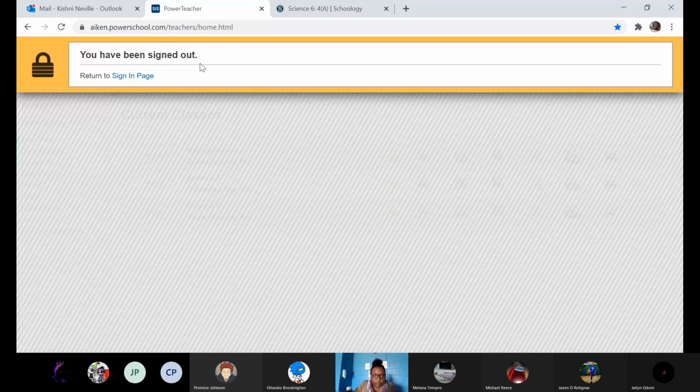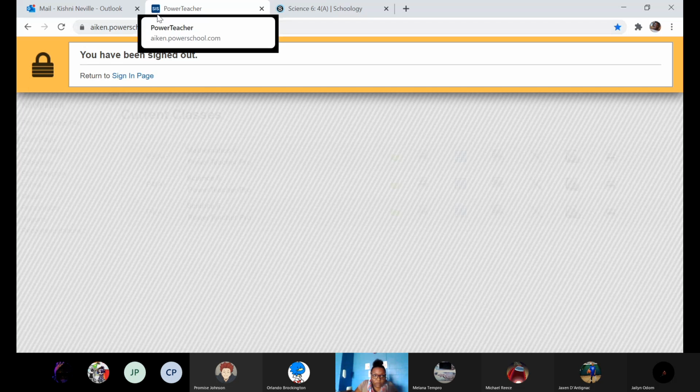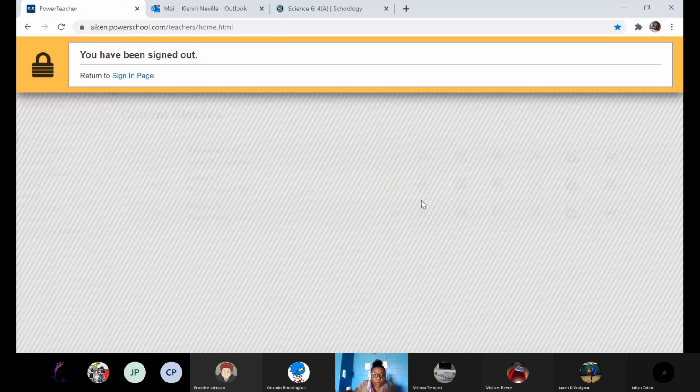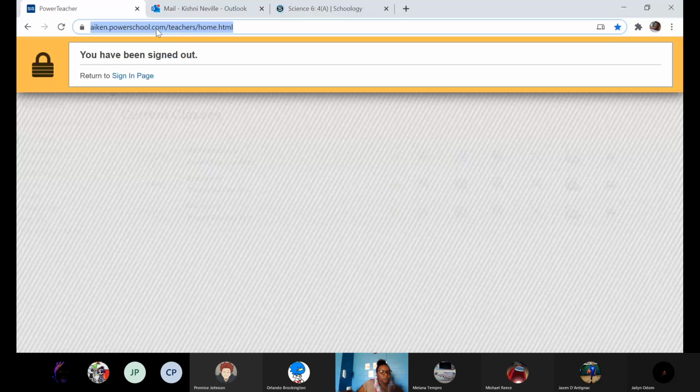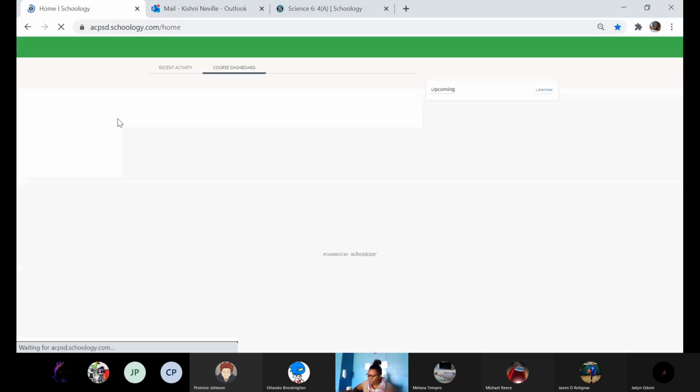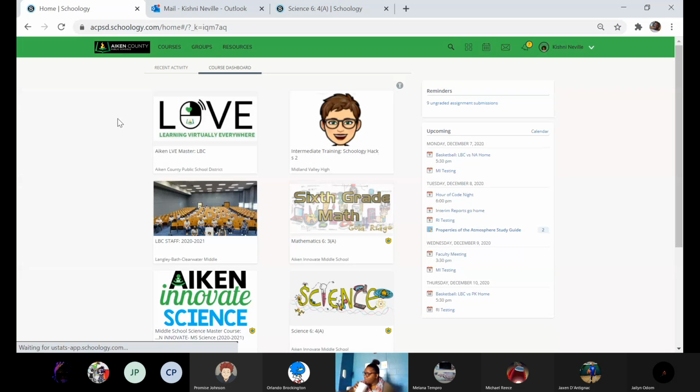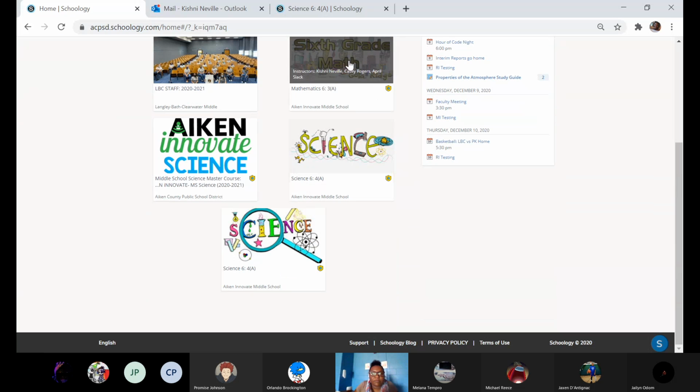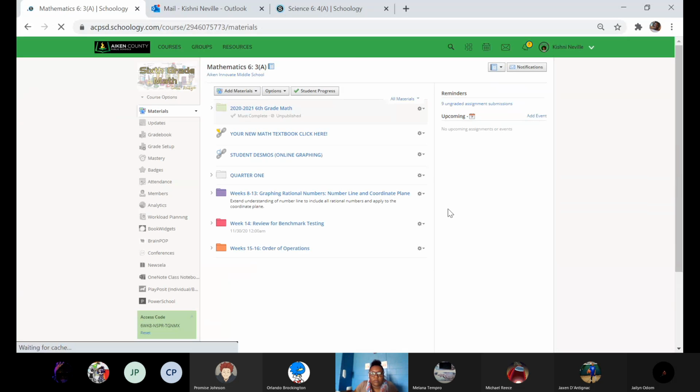We're going to choose our math class. Then we've got a new orange folder.